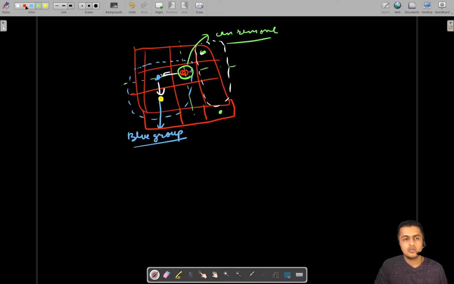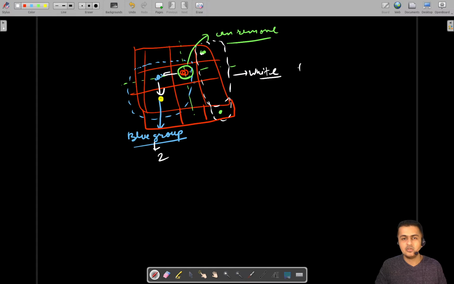Okay, so I hope now it's clear to you that in the blue group, out of three, only two stones can be removed, and in the white group, only one stone out of two. So you see, one stone will always remain in a group, and by the help of these rows and columns, we can form groups.